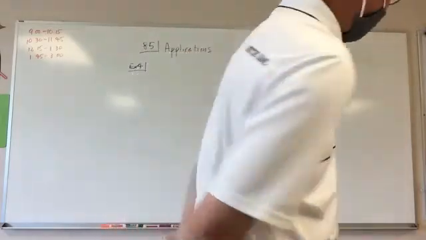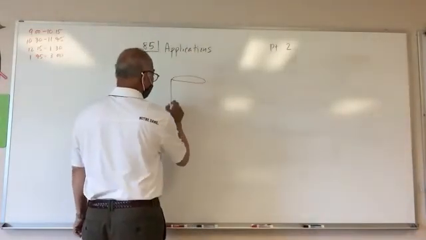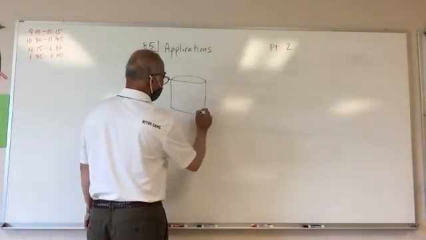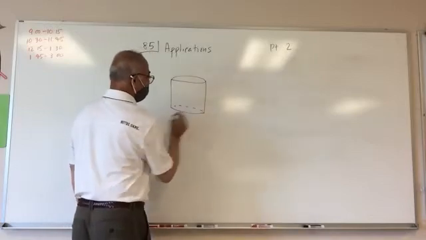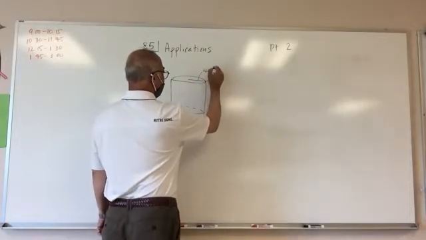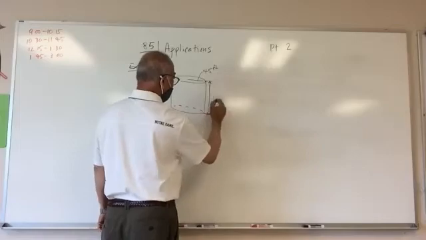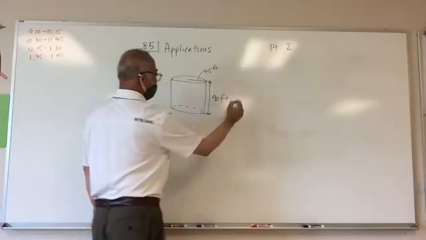So in other words, you have a cylindrical tank, which has a radius of 45 feet with a height of 90 feet.